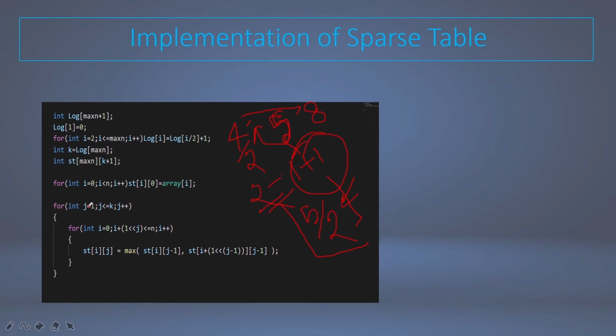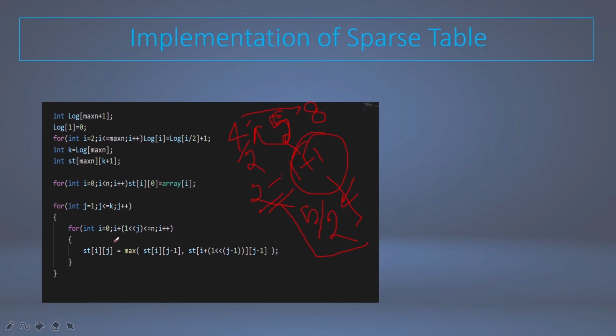For that I am traversing from 1, which is 2 to the power 1, till k. So I don't need beyond k. Then I will make all the blocks one by one. Firstly I will make a block of size 2, then a block of size 4, then a block of size 8, till the largest size I can make.